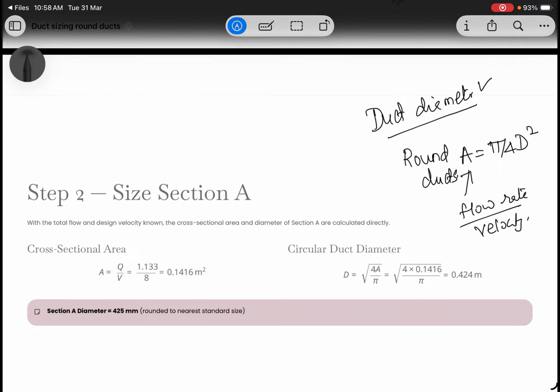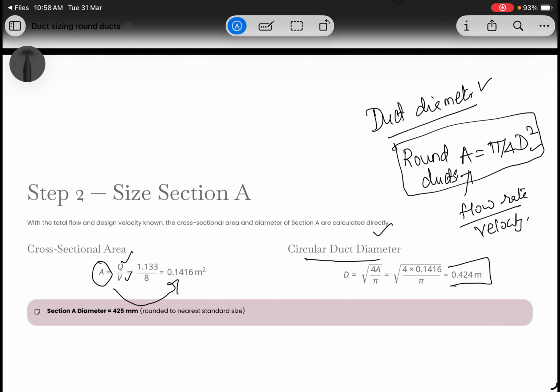So this expression, flow rate upon velocity, gives you the cross-sectional area, which comes as 0.1416 square meter, and from that the circular duct diameter can be estimated from this formula: d is equal to the square root of 4a by pi, which is 0.424 meters, right? As I said, you can also get the diameter directly from the friction chart.